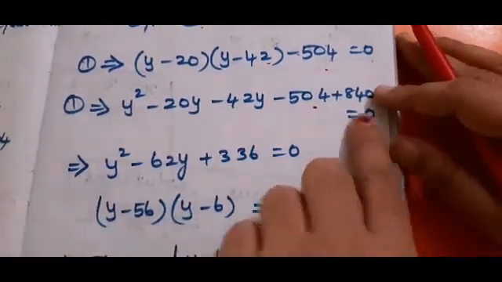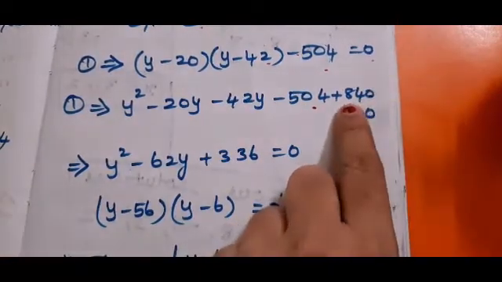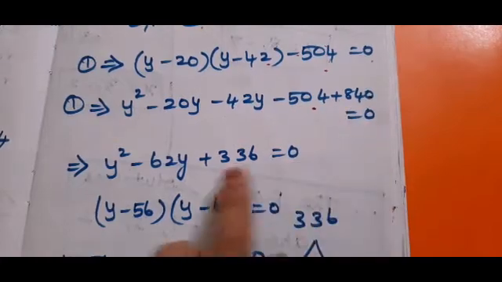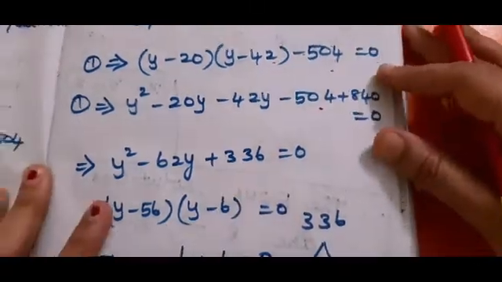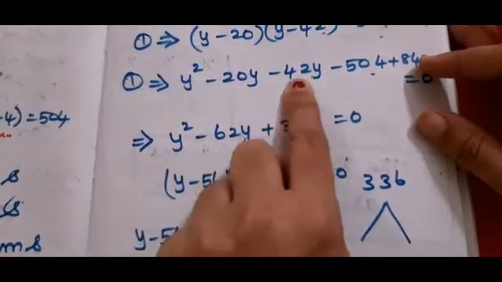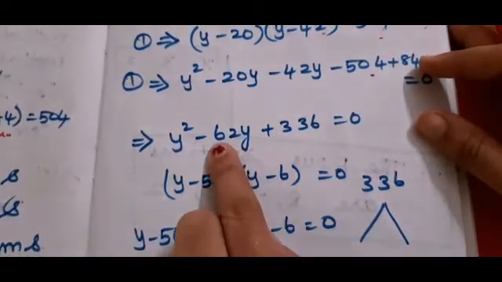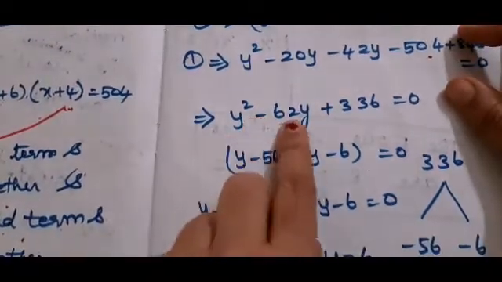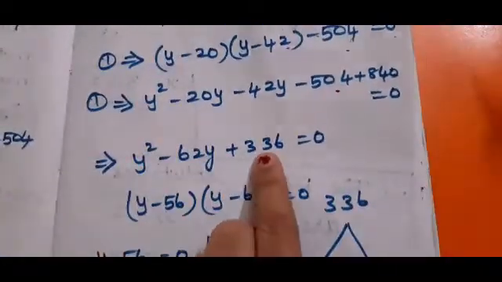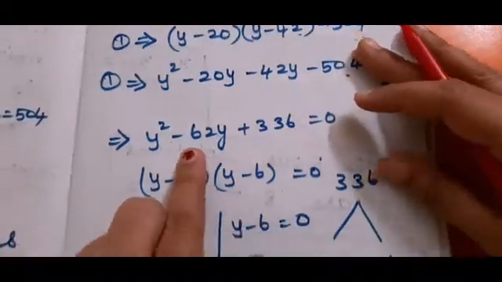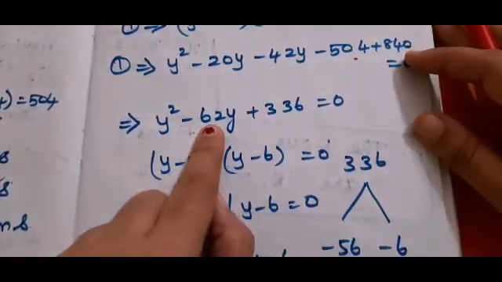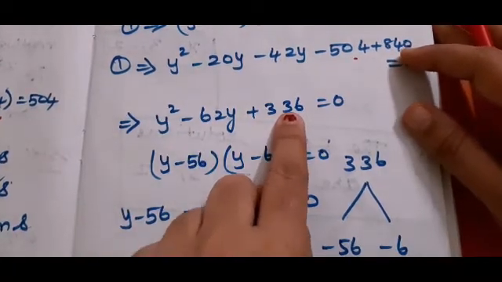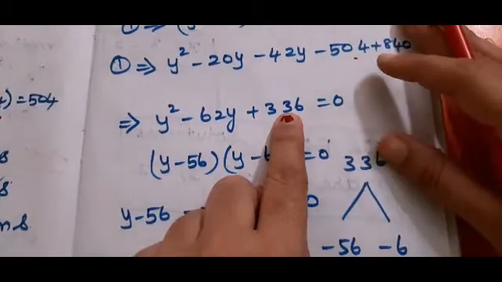If you subtract 504 from 840, you will get 336. Here −20y − 42y is nothing but −62y. So y² − 62y + 336. While adding, I should get −62, while multiplying, I should get positive 336.